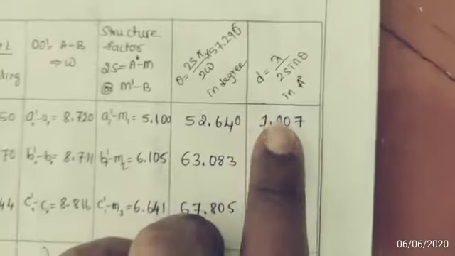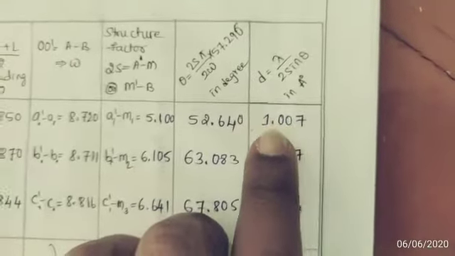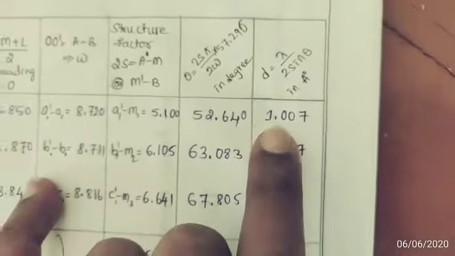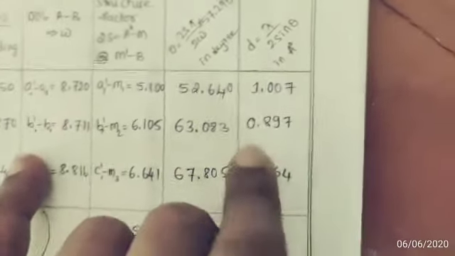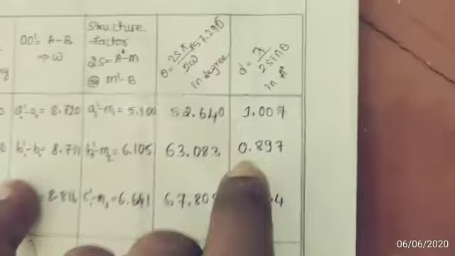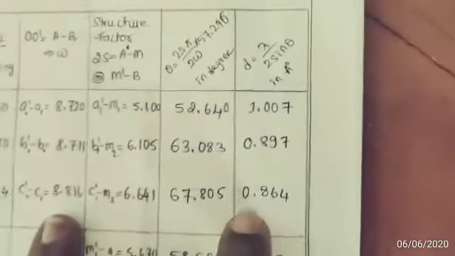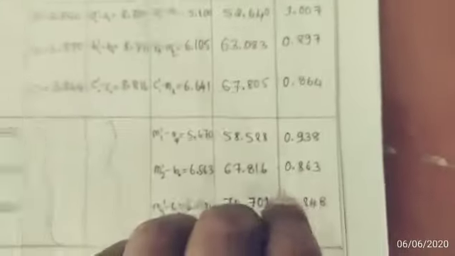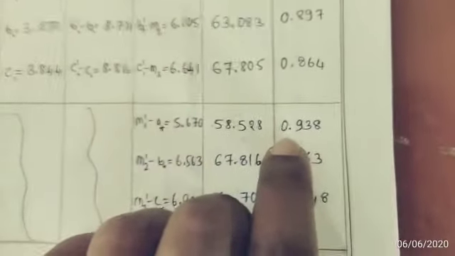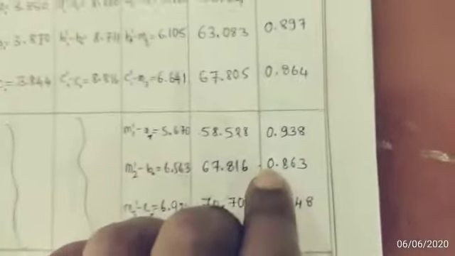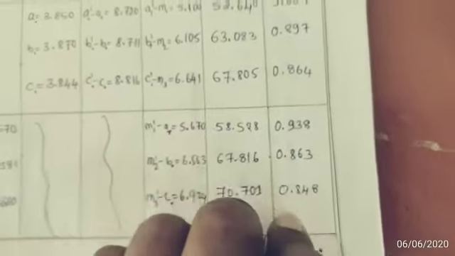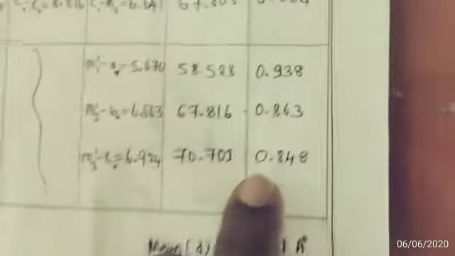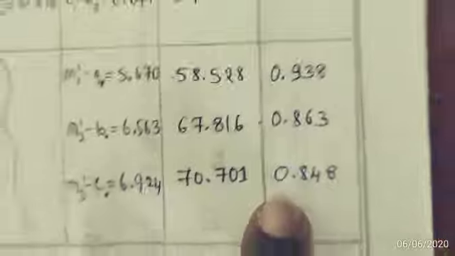Actually, calculated value is in angstroms, that is first value I got 1.007, second is 0.897, third one is 0.864 angstroms, fourth is 0.938, fifth one 0.863, last one 0.848.